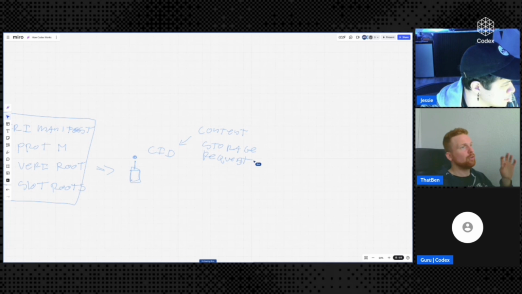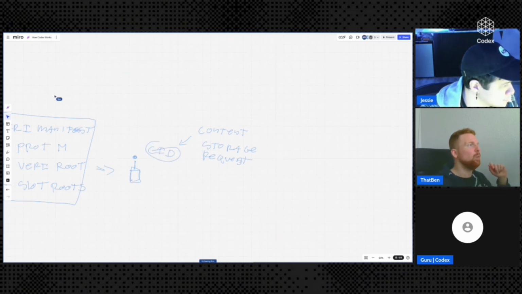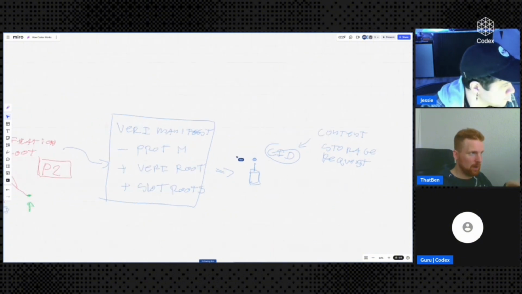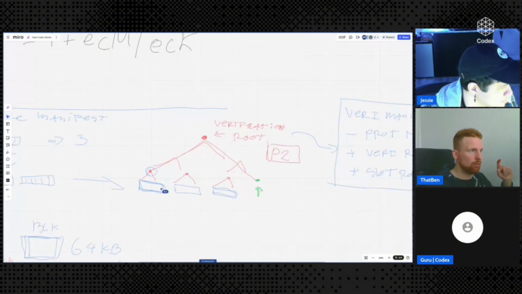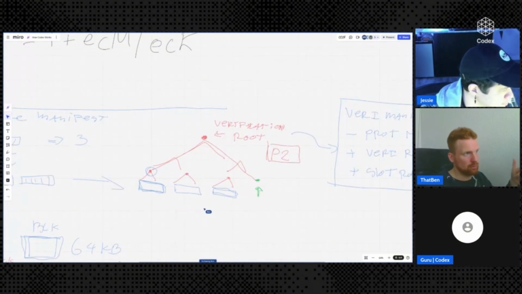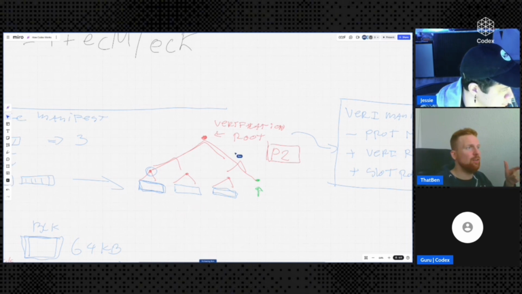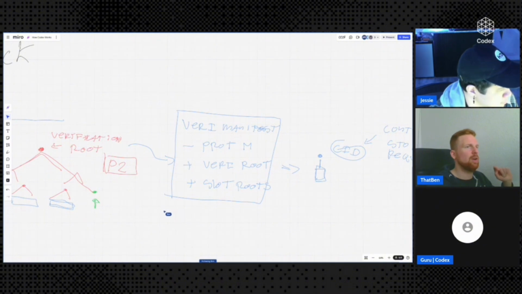The storage request goes on chain and contains this CID. With that CID, you can retrieve the verifiable manifest. With the verifiable manifest, you can retrieve the slot that you are going to be storing for the duration of the contract. And it contains all the hashing information that you need to be able to generate proofs for it.